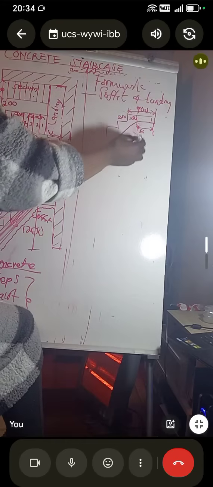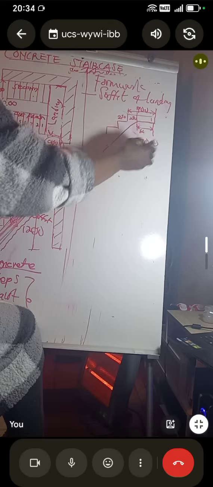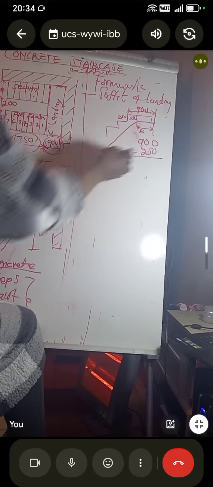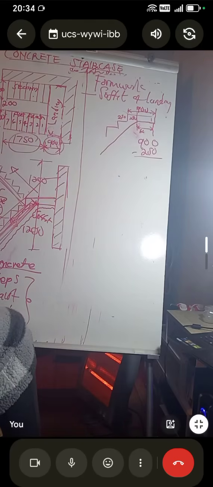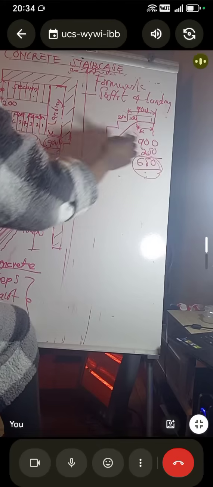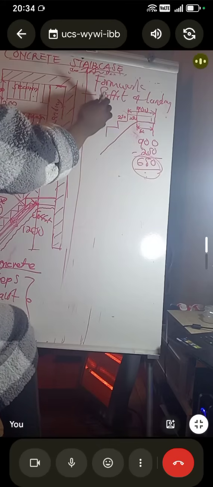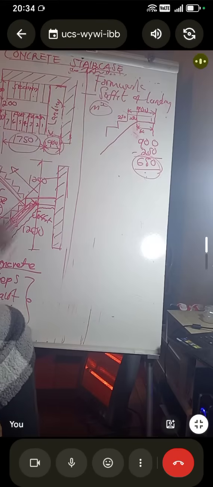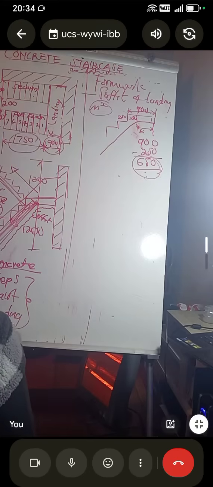So we're going to say, 900 minus 250 of the going is going to be what? 650. So we have 650, and you know that formwork is measured in square meters.